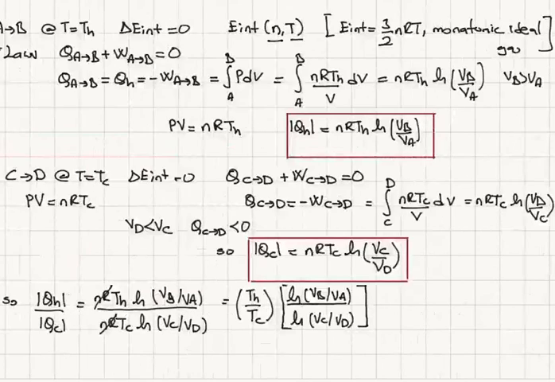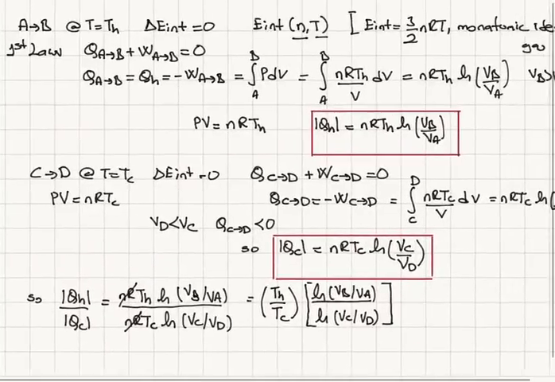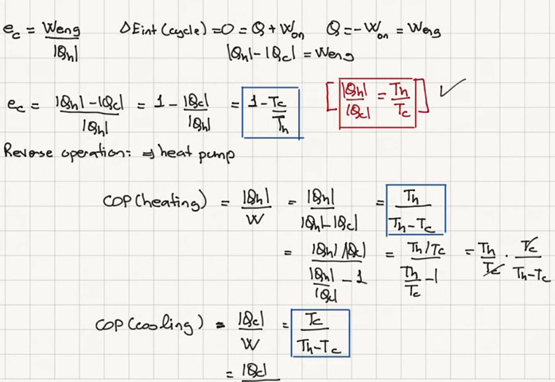Therefore, because I can write QH over QC as Th over Tc, I can write the efficiencies using this ratio, and the way you do that is as a shortcut, wherever you see QH, you replace it with Th. Wherever you see QC, you replace it with Tc. As I have shown here, this procedure works because you can divide the top and bottom with QC and get this ratio to give you the right answer.